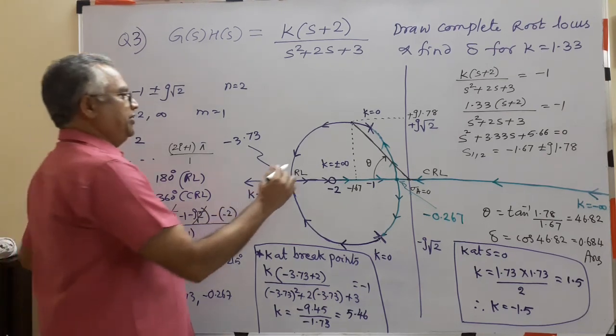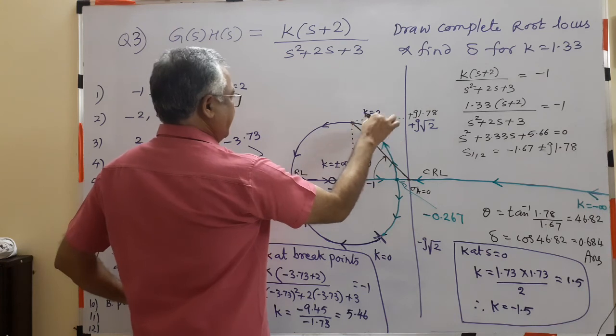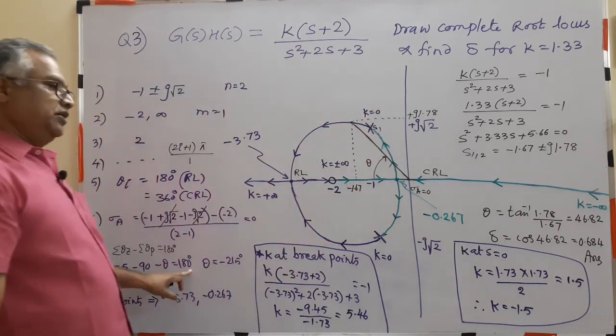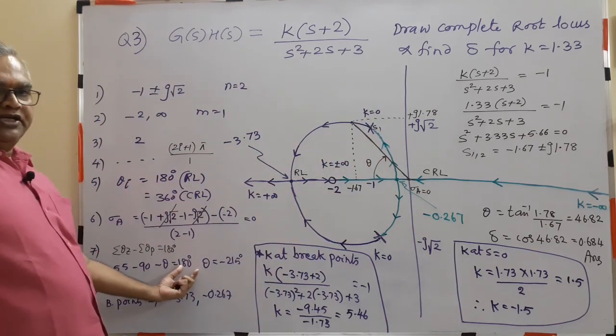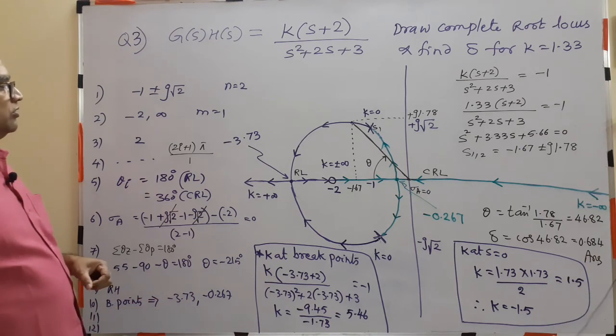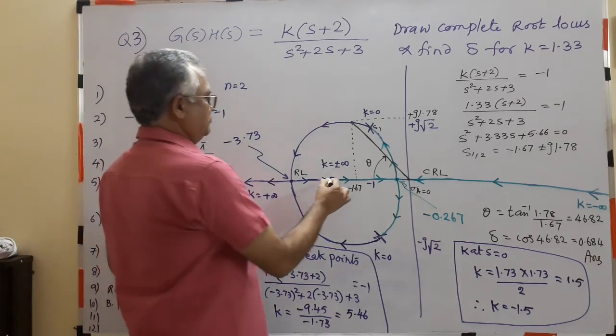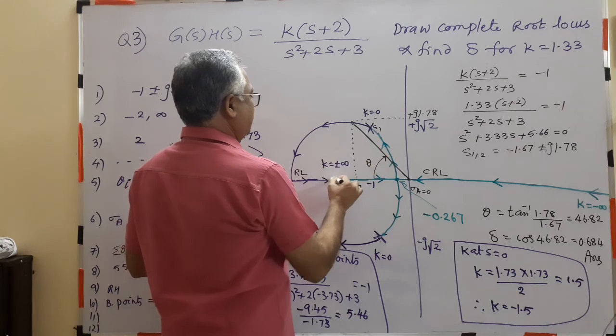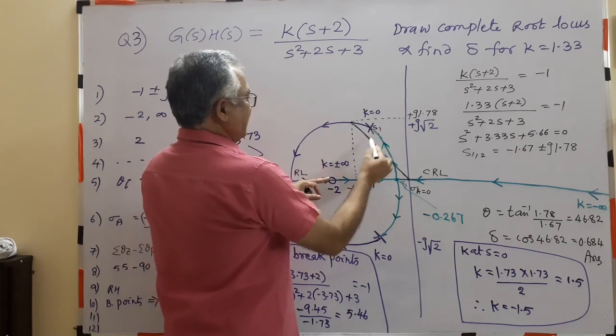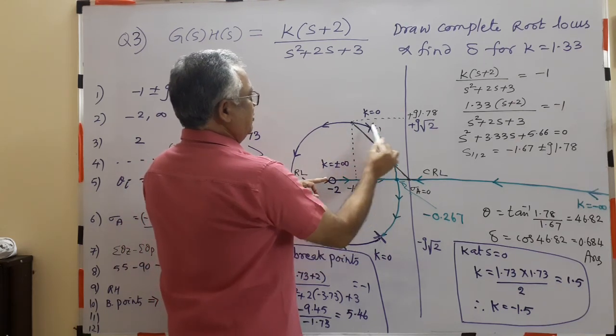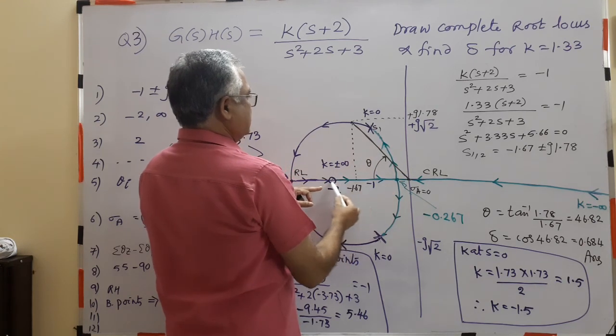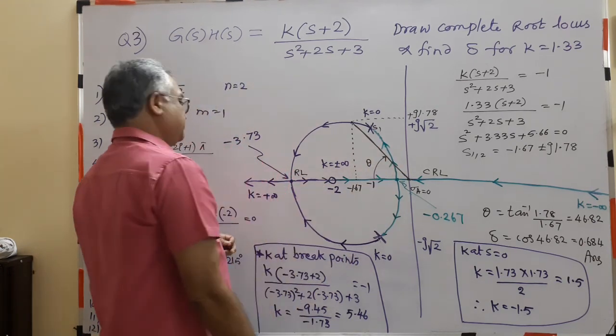Then choose a point S1 close to this pole, that angle is theta, and it should satisfy 180 degrees. Now if you join this zero here, what is this angle? This will be root 2, this is 1, so tan inverse root 2.